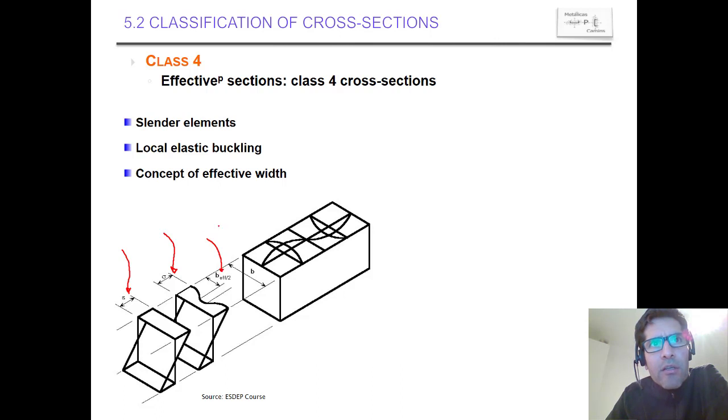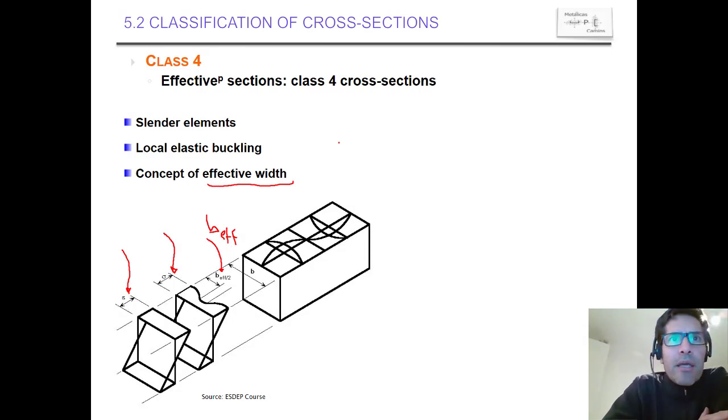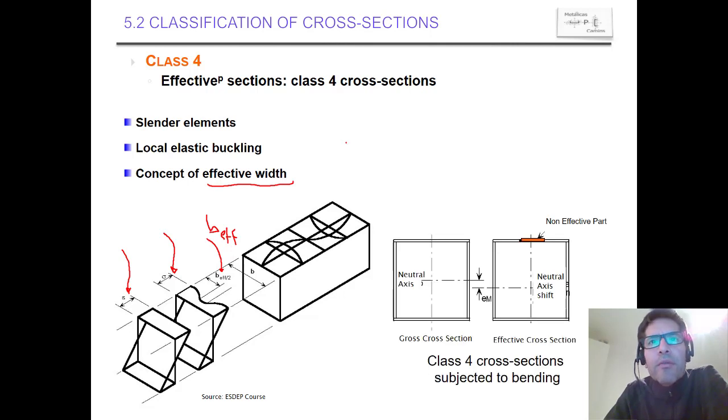This definition is something that we will just call BF, which means effective width. What we are saying is that the width on which the stresses are being applied is a little bit smaller than the total width. The total width B and the effective width BF. Okay, that's a definition.